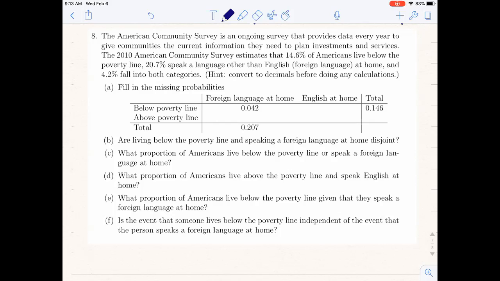And this plus this has to equal this, this plus this has to equal this, but also this plus this has to equal 1, and this plus this has to equal 1. So you can use those facts to fill in the table. We can start with the top line and say, okay, well, if those two have to add to 0.146, then I can just subtract 0.042, and then I have 0.104 here.